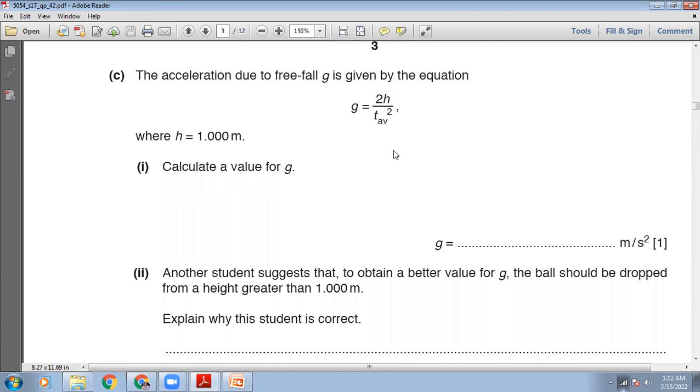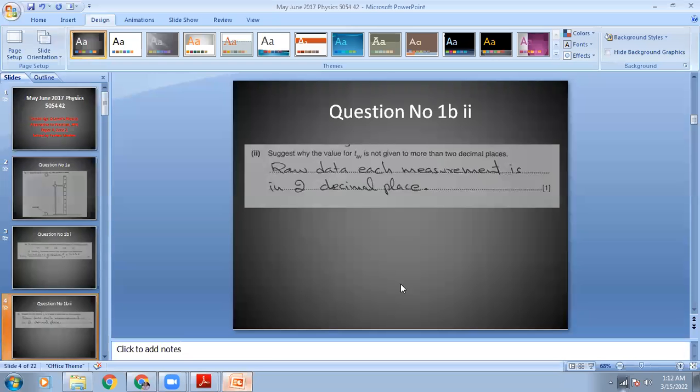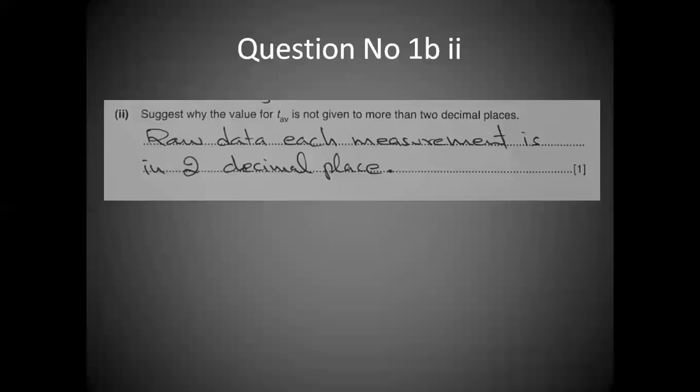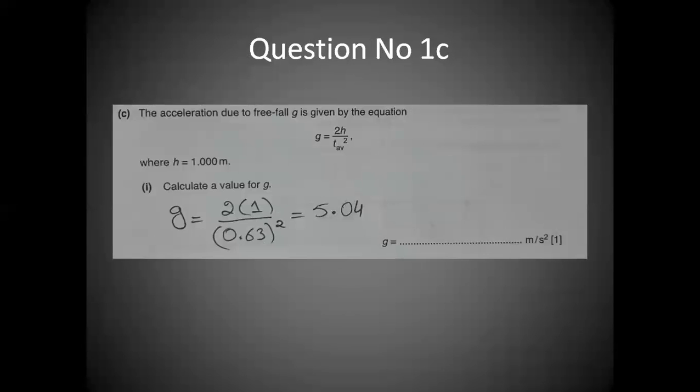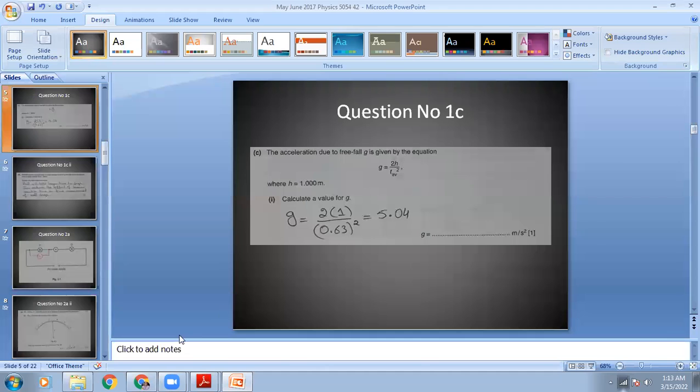We just have to put these values in this formula and do the calculation. So let me show you how this is done. 2 multiplied by 1 divided by 0.63 squared equals 5.04. So the g value will be 5.04.